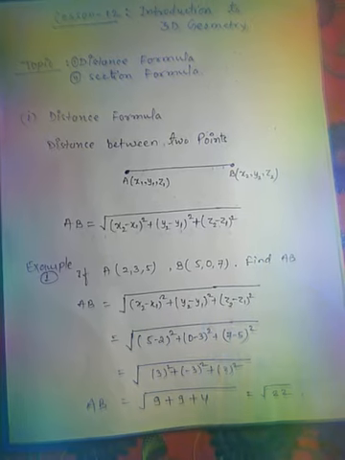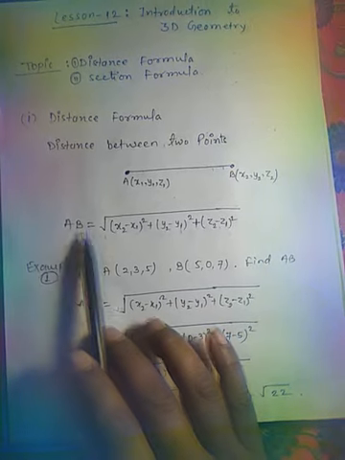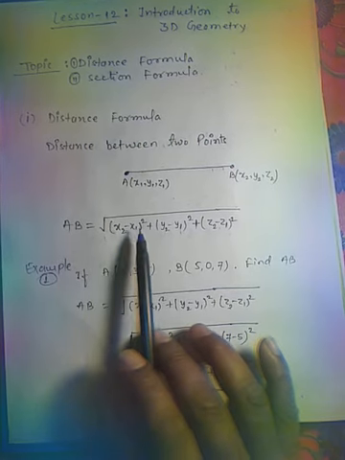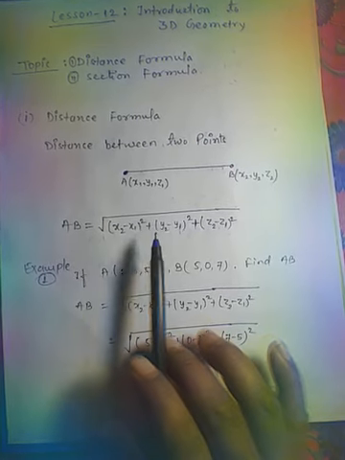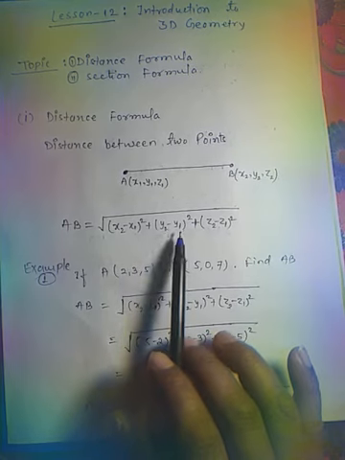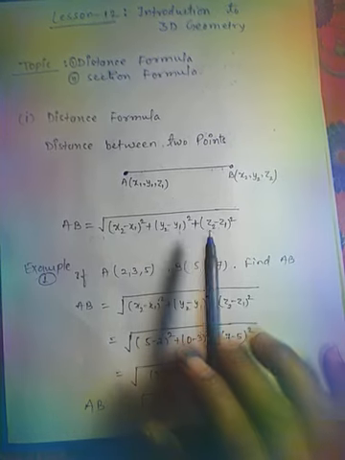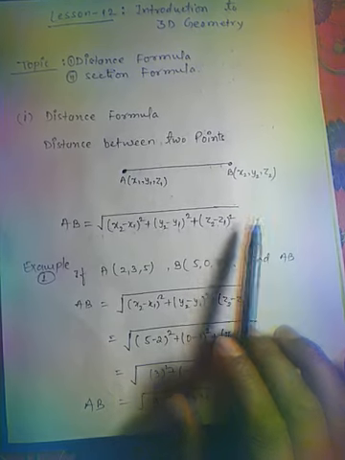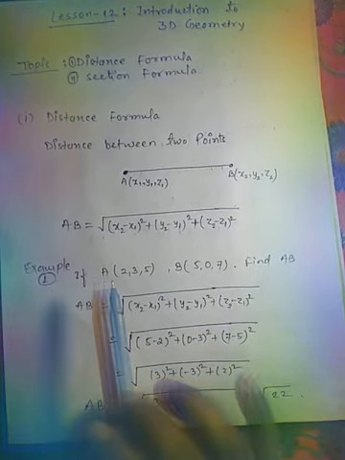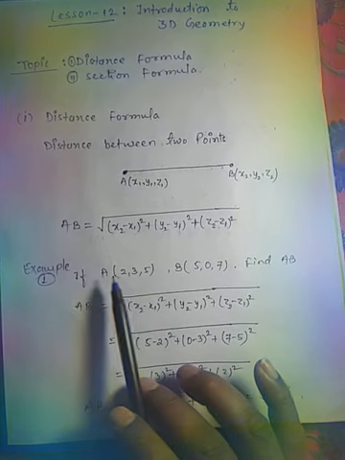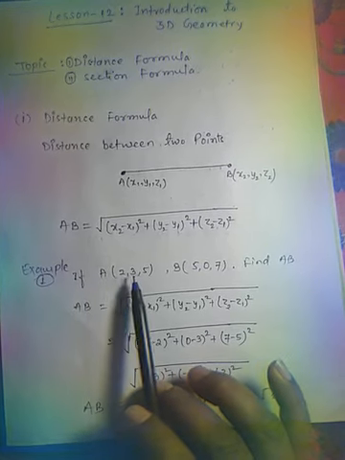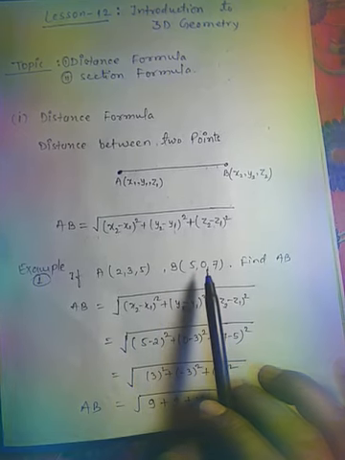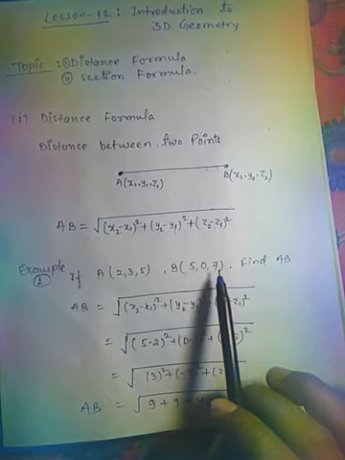Then the distance AB is equal to root under (x2 minus x1) whole square plus (y2 minus y1) whole square plus (z2 minus z1) whole square. Now example 1: if point A is (2, 3, 5) and point B is (5, 0, 7).